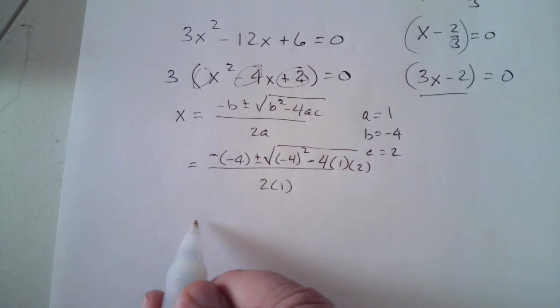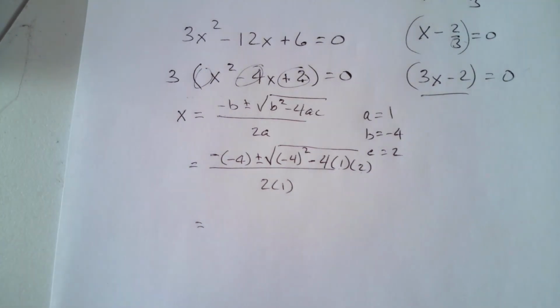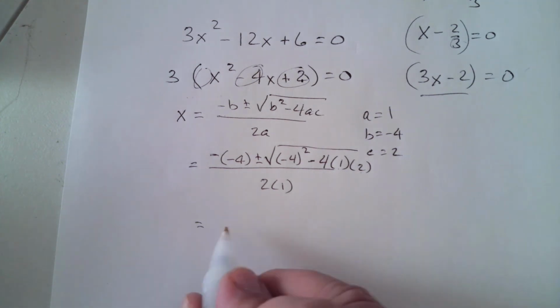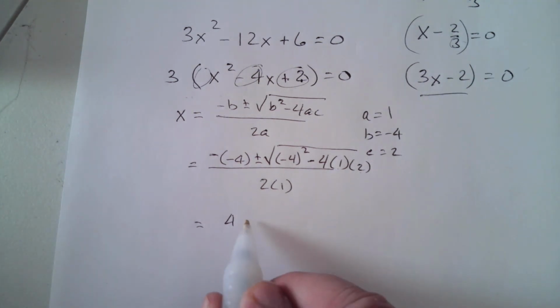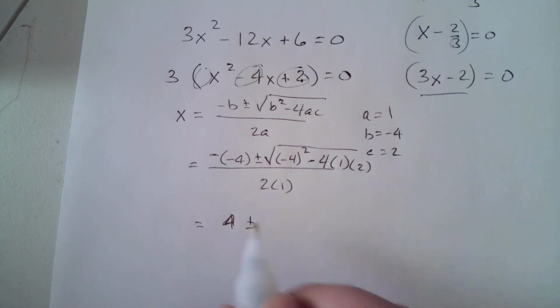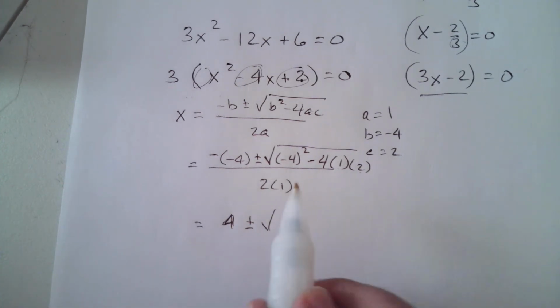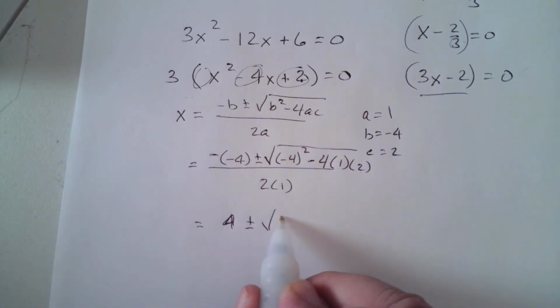So, let's work this out. Negative times negative is a positive, so it's positive 4, plus or minus. Negative 4 squared is 16.